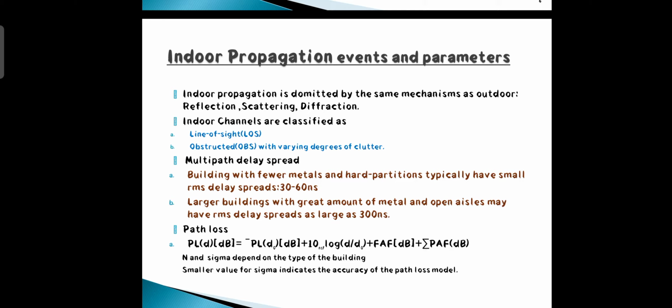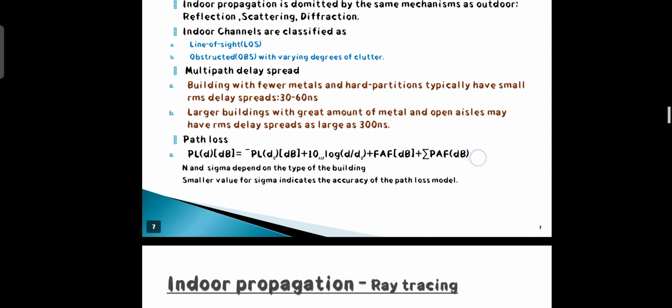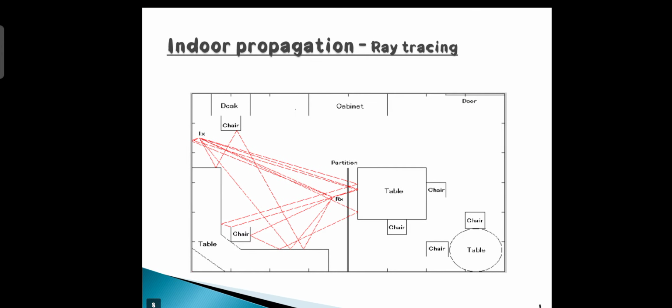Regarding multipath delay spread, buildings with fewer metals and hard partitions typically have a small RMS delay spread, and larger buildings with a great amount of metal and open aisles may have an RMS delay spread as large as 300 nanoseconds. And this is the ray tracing of indoor propagation.